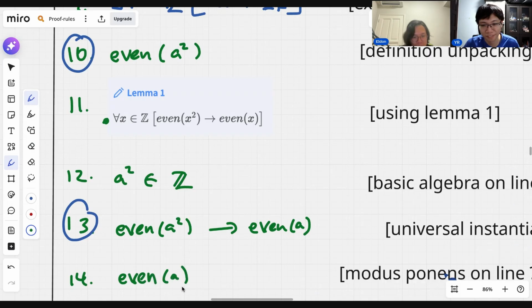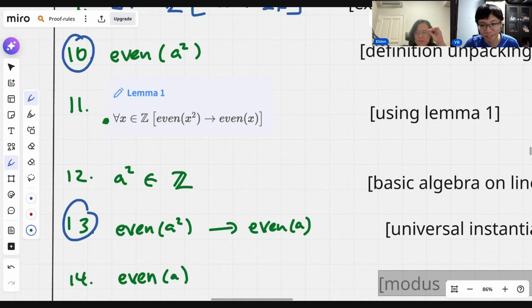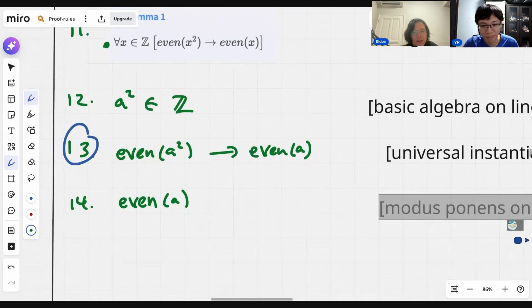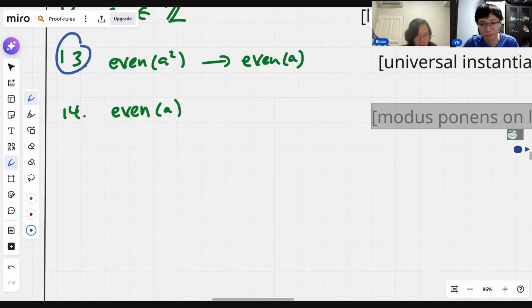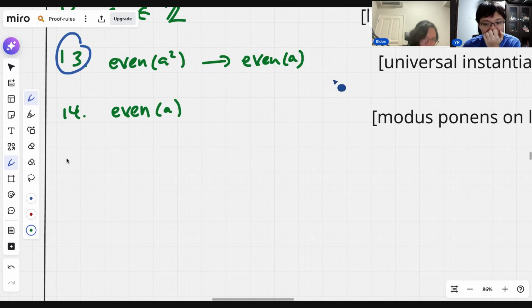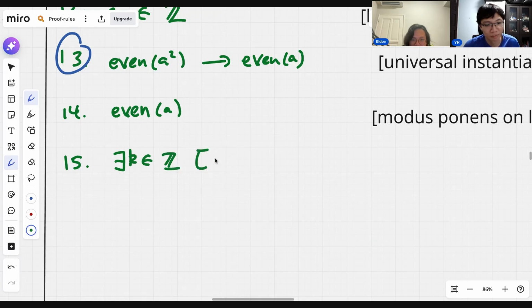So I'll say even A. Okay. So we've gotten to the next thing, which says that A is even. Okay. So what does it mean when A is even? Well, then I can say this must mean that there is an integer k in Z such that A is equal to 2k.